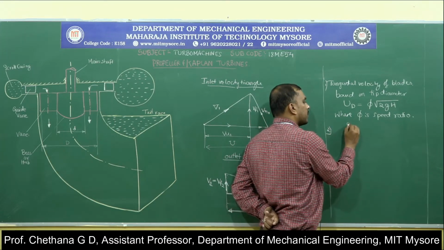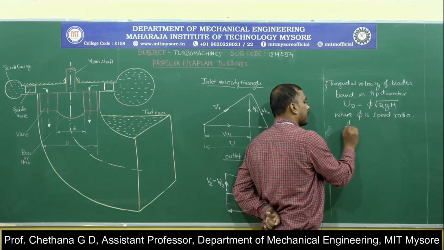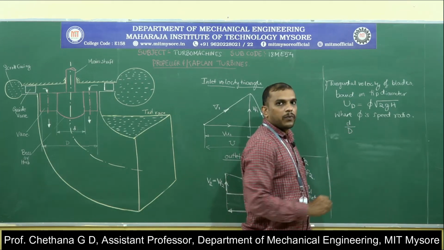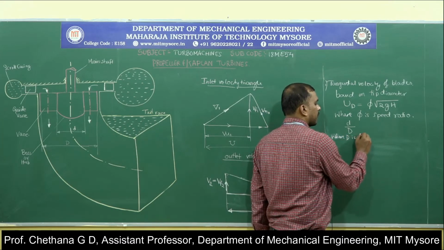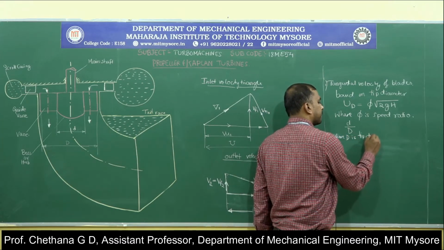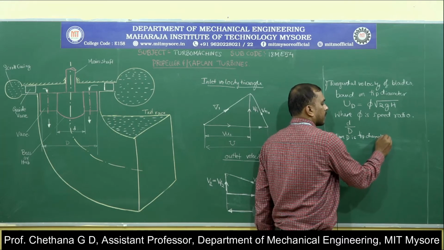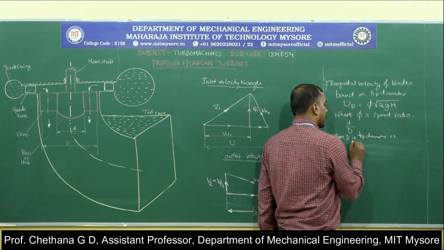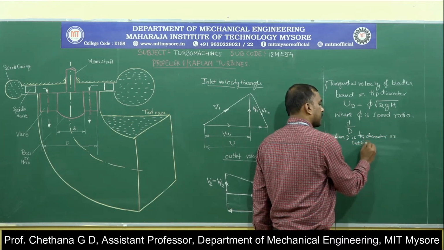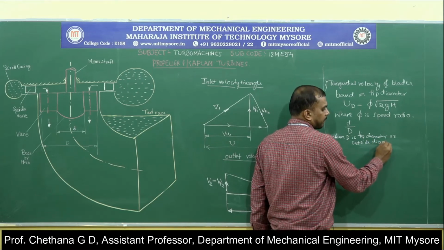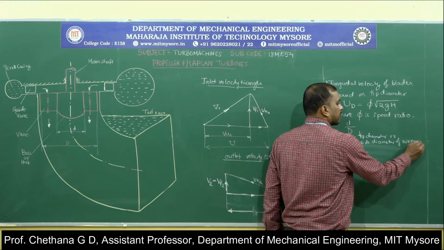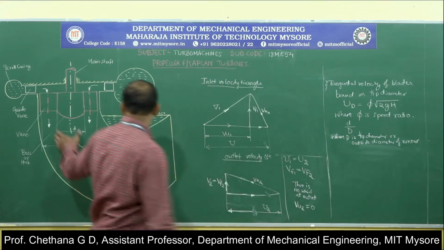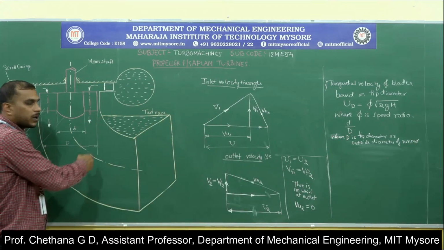then we can also talk about the value of d by D, where capital D is the tip diameter or outside diameter of the runner, that is you can see it here, capital D, which we have already noted down.